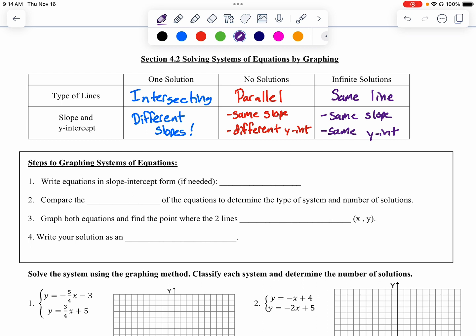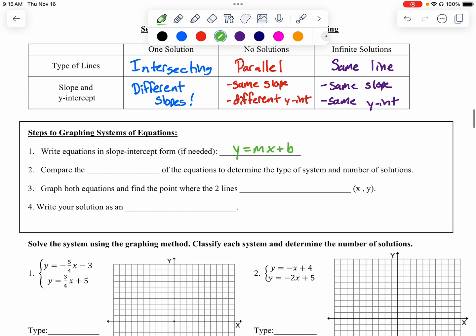So today we're going to be graphing. So here's some steps. So writing equations in slope-intercept form if needed. So if your equation isn't in y equals mx plus b, we're going to rearrange it like we learned last class. And then we're going to compare the slopes of the equation to determine if they're the same line or if they're intersecting, so like what type it's going to be.